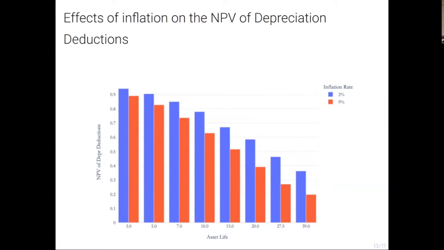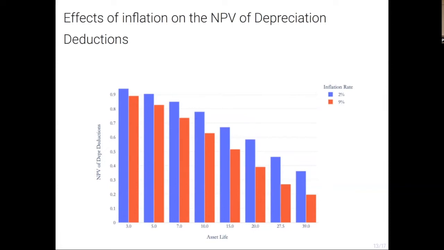What we see is higher inflation moving from 2% to 9% is going to decrease the net present value of depreciation deductions in all cases. Those effects tend to be larger for those longer lived assets. That's where you have a longer depreciable life over which you're depreciating that asset. Therefore, the effects of inflation are larger.